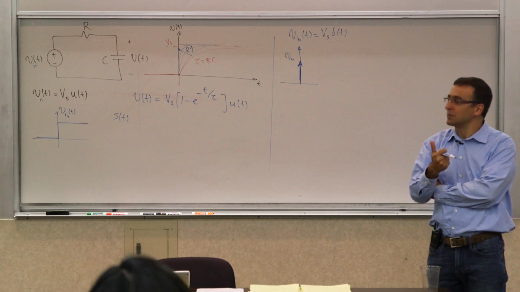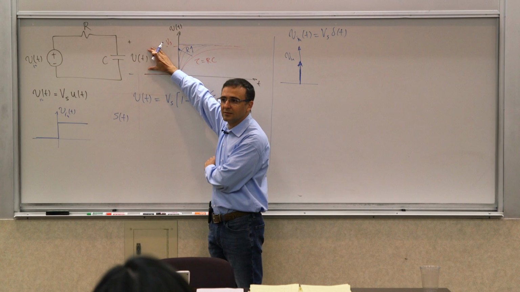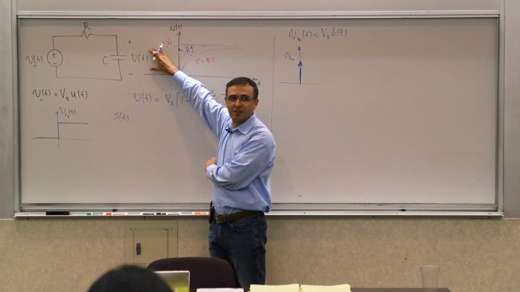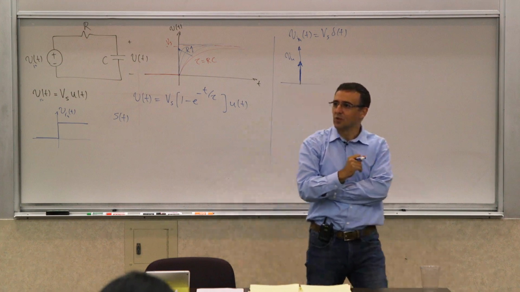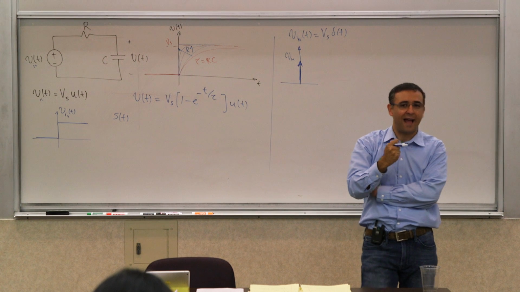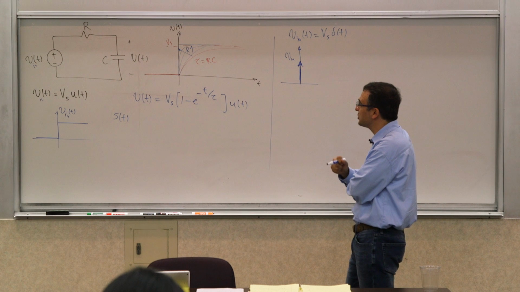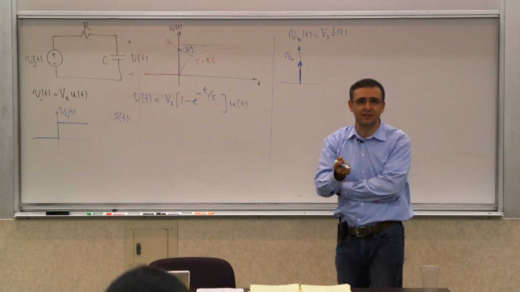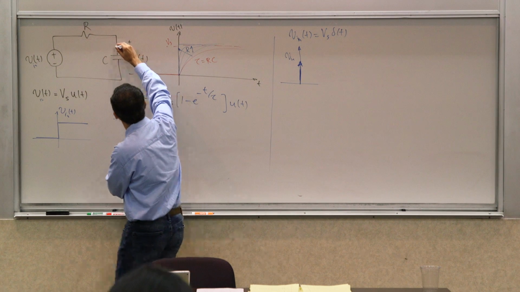The impulse can change this voltage instantaneously, because it's a current of infinite value. So it will change that voltage instantaneously. It will jump. How much is the question. To find out how much it jumps, you have to know what the current is through this capacitor.